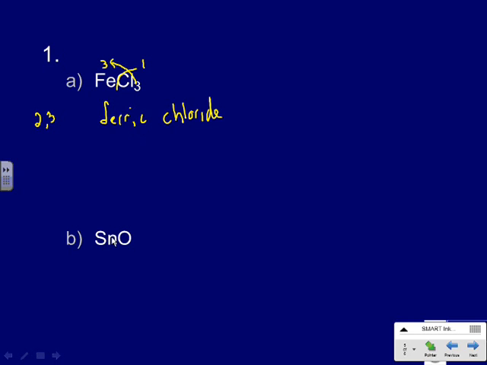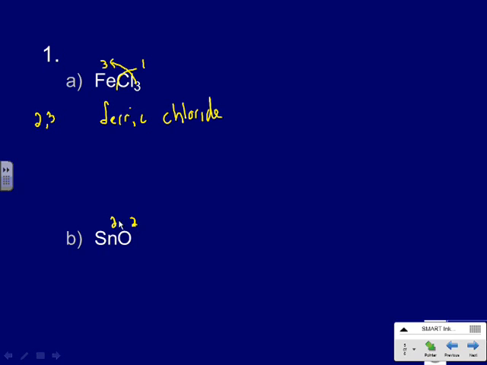And I have SnO. Now we got to be careful with the O. Again, if I do the reverse crossover, we get a 1 up there with the tin and a 1 up there with the O. But the O is normally 2, which means they've got to be 2 and 2. All right, so you got to be careful with that when we've got an O on the end.